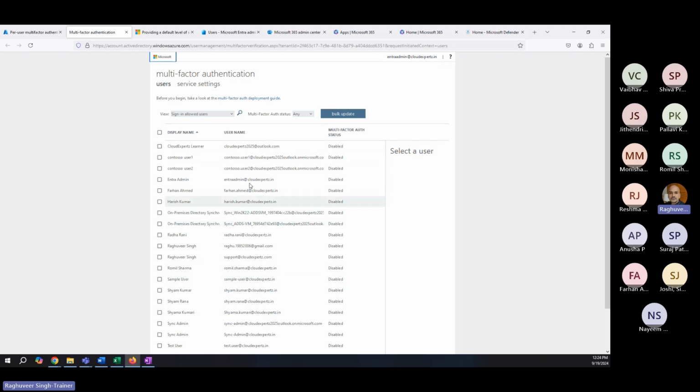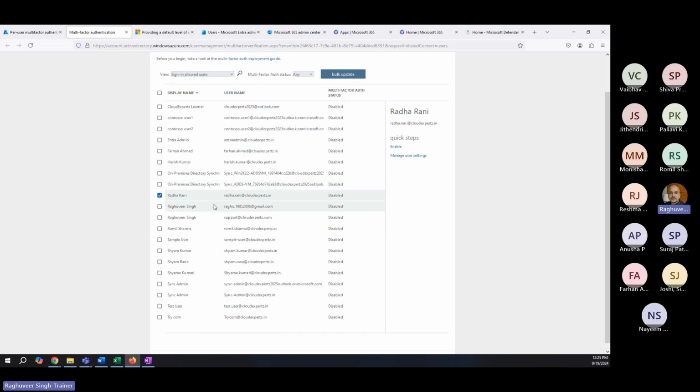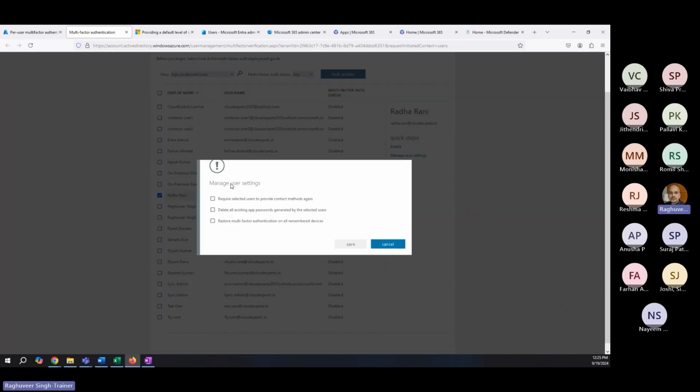And if I want to configure multi-factor authentication for any of these users, let's say Radharani, I will select the user. After I select the user, to my right, I see quick steps wherein it says enable and manage user settings. So let's see manage user settings first.